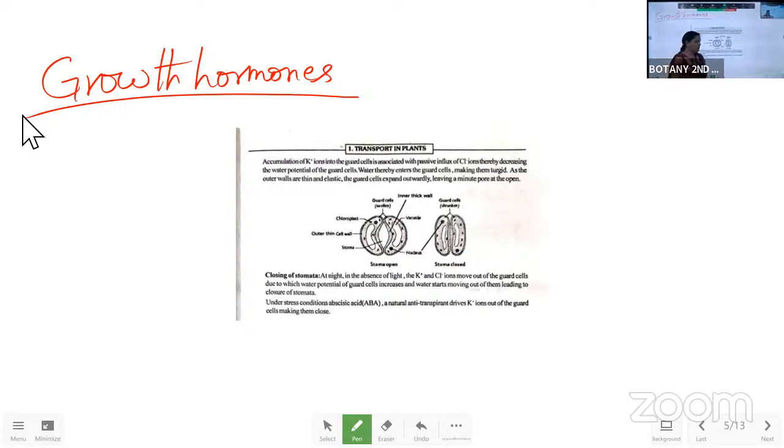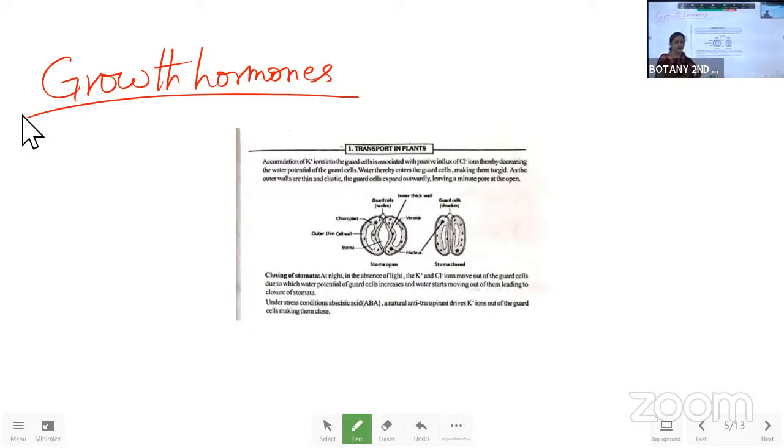Here, how the auxins are useful in horticulture and in agriculture. That's the question we have to answer in this. Okay, and the uses of the gibberellins in horticulture and in agriculture. And next come the cytokinins, ethylene, and the seed dormancy.